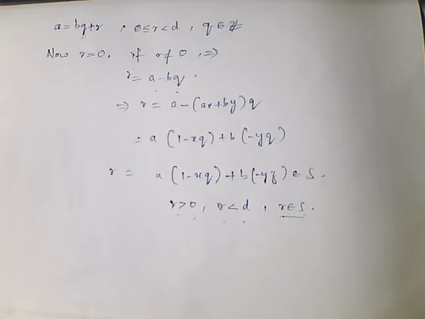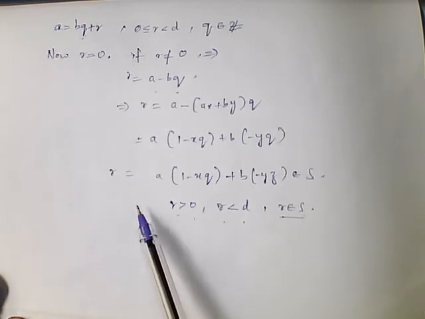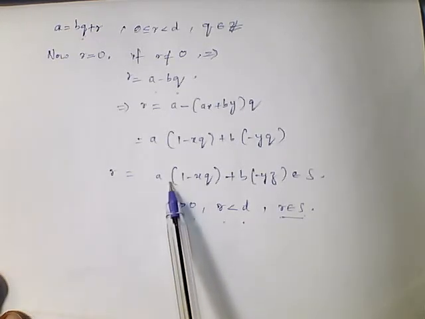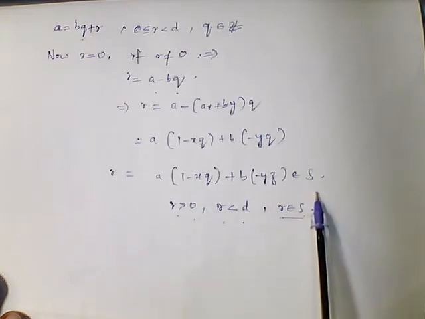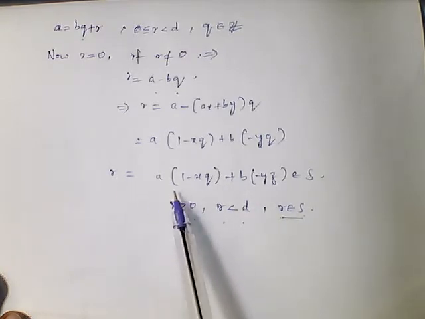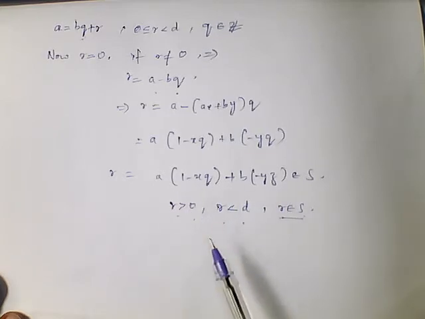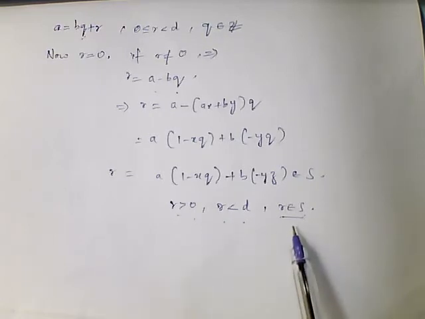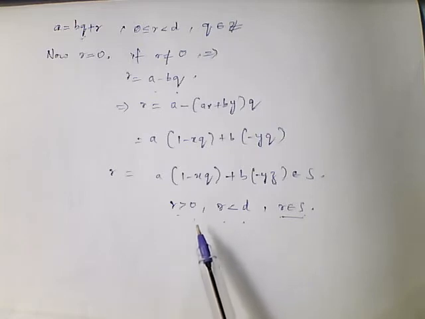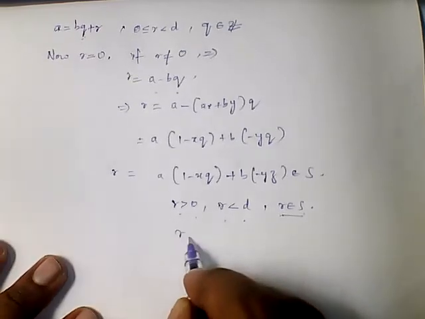I got a bit confused between two theorems, to be honest, and we have to end this right over here, because this r that we got from multiplying a with some integer and b with some integer, this entire r belongs to S. So what we have assumed, that r is greater than 0 and r is less than d and r belongs to S, is actually meaningless, and from that we can conclude that r should be equal to 0.